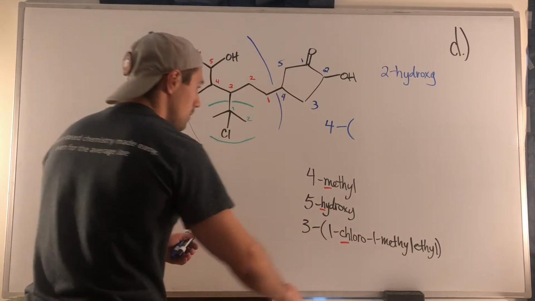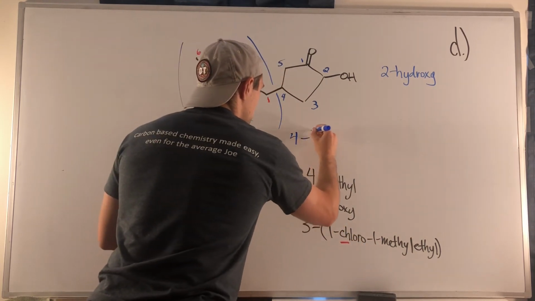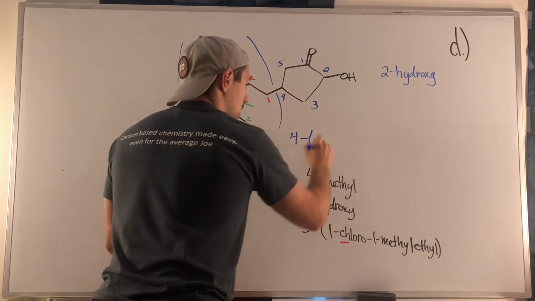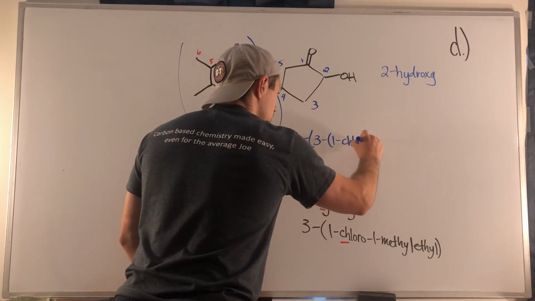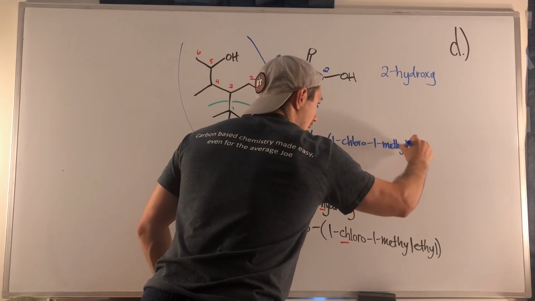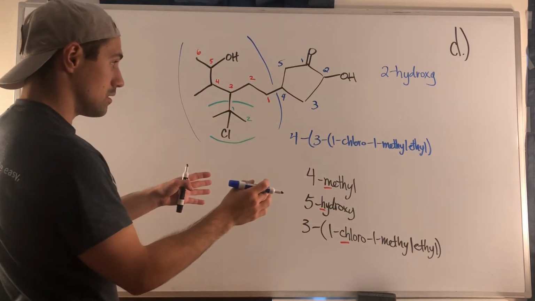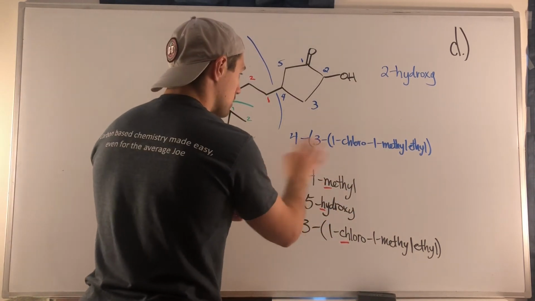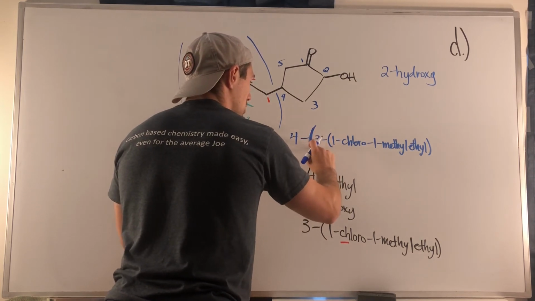So I'm giving myself some more room to write this down. It's going to be 4, and then 3, 1-chloro, 1-methyl, ethyl. Then I can close that. Yeah, that makes sense. Sorry, I'm getting lost in parenthetical purgatory.